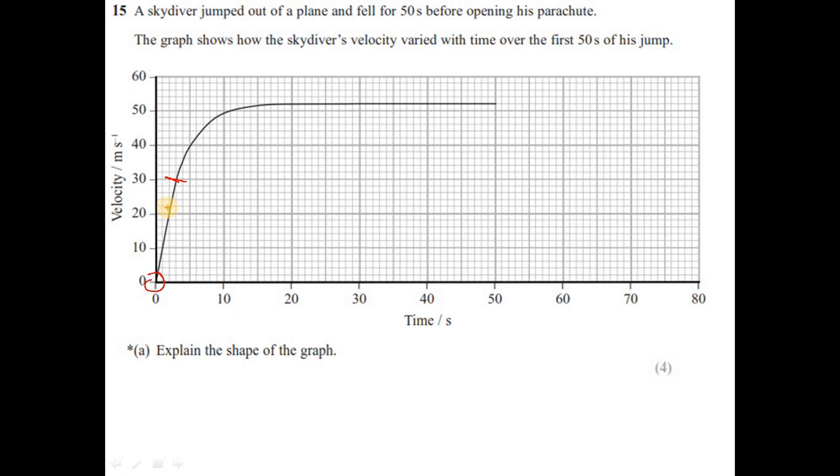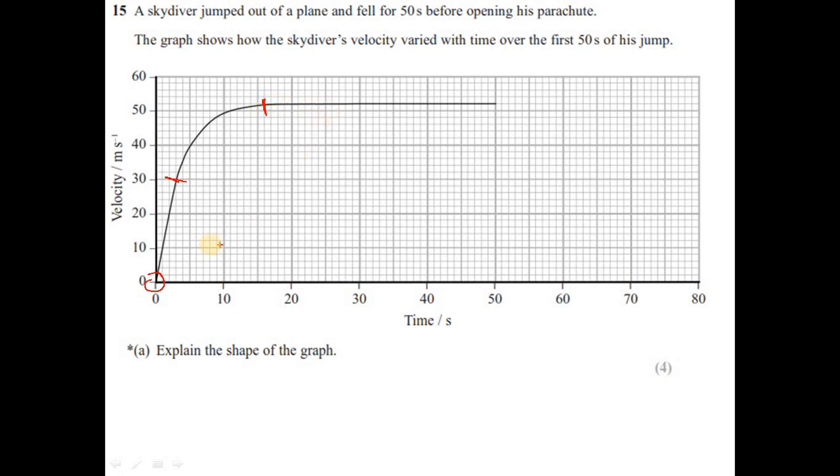So for this line, velocity is increasing almost at a constant rate, but after this time velocity is still increasing, but the rate of increase in the velocity is decreasing, and the time comes when the increase in the velocity is no more and velocity becomes constant.